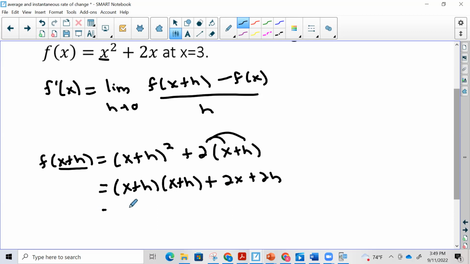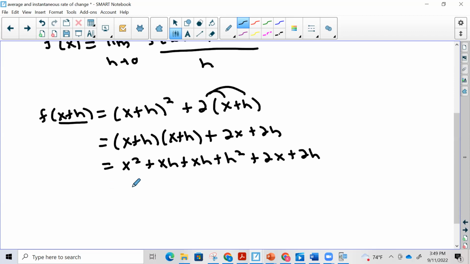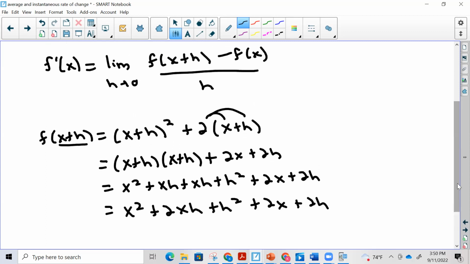So this gives me x squared plus xh plus xh plus h squared. And then I have plus 2x plus 2h. And that gives me x squared plus 2xh plus h squared plus 2x plus 2h. And there's no like terms to combine, so that's what f of x plus h equals.